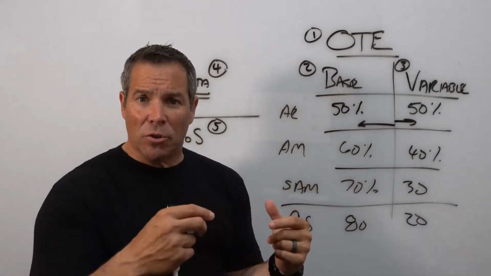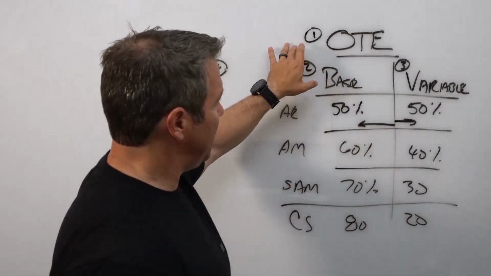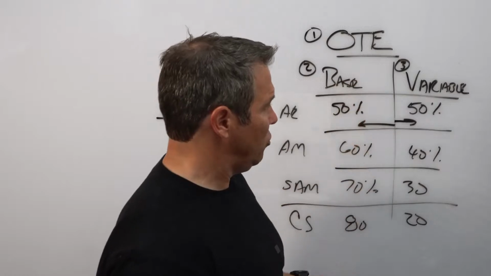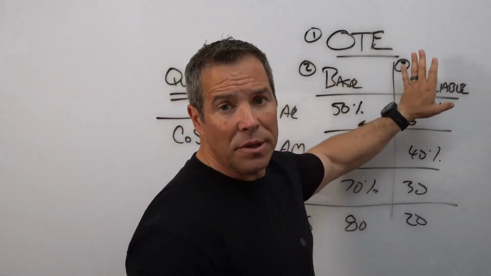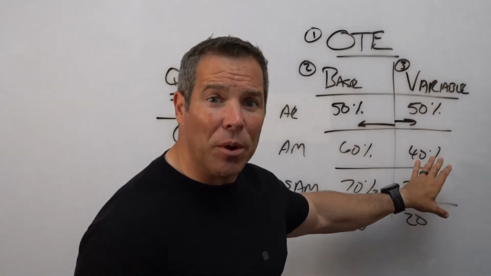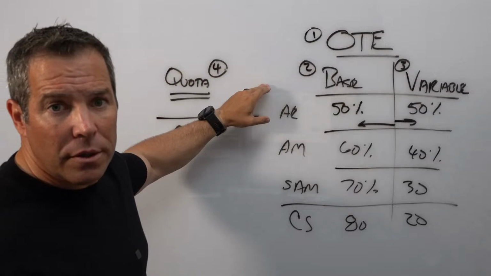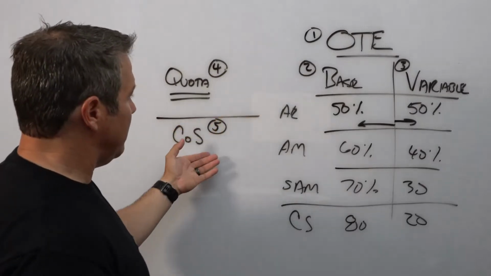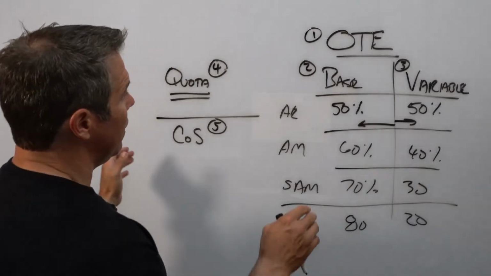What levers do we have to play with on that side? So on target earning, OTE, base, general compensation, what we get on a biweekly or monthly basis, variable, the thing that changes depending on how we perform, quota, the target we're shooting for, cost of sale, the spectrum that we want to operate the business within.